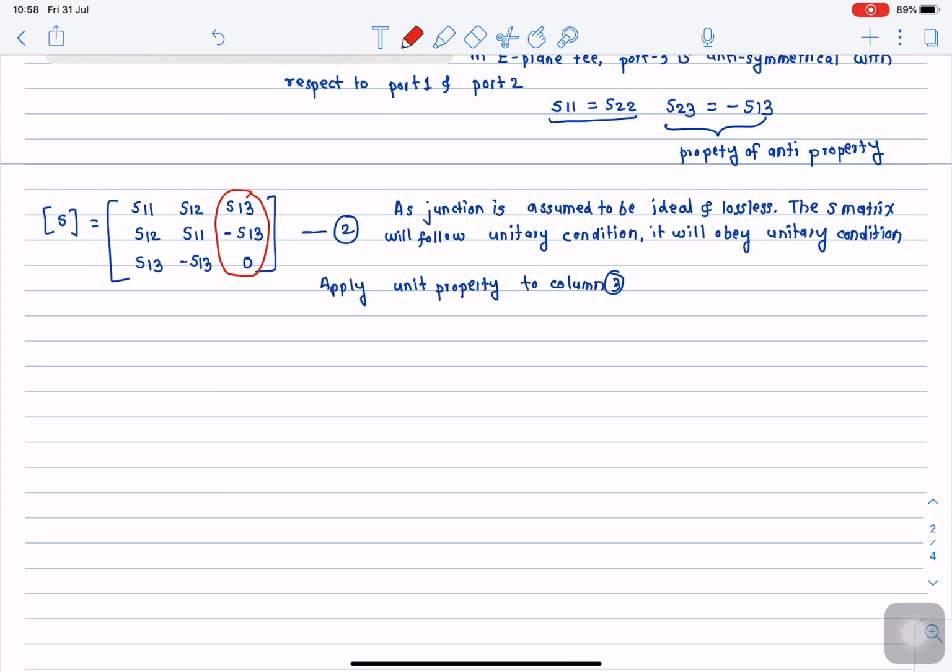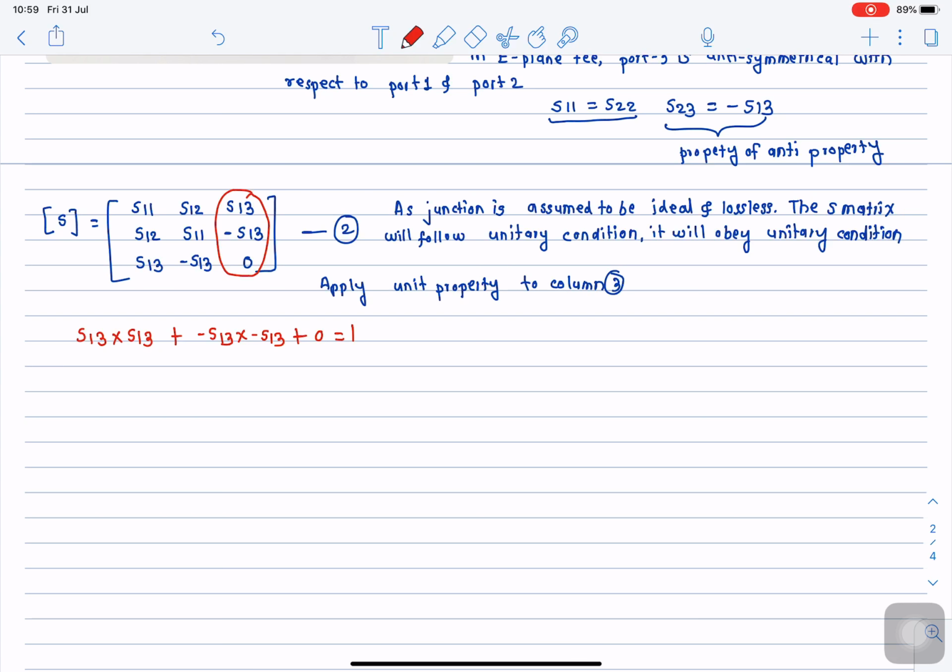Okay, so what the unit property says: multiplication of the term of any particular column, so that is S13 with itself, S13 into S13, plus multiplication of the second term with itself, minus S13 multiplied by itself, minus S13, plus 0 is equal to 1.